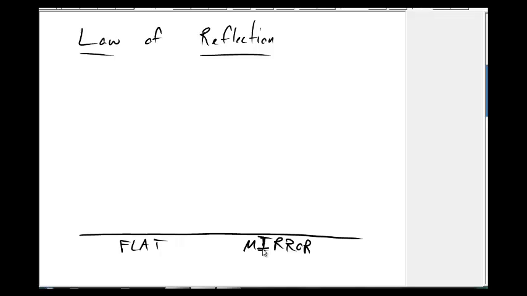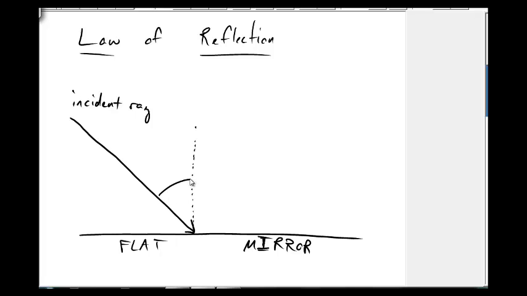What we like to measure is this beam of light coming in, and we will call this the incident ray of light. The easiest thing for us to know is to measure this angle. If this is the incident ray, what angle does this have to be? The angle of incidence.